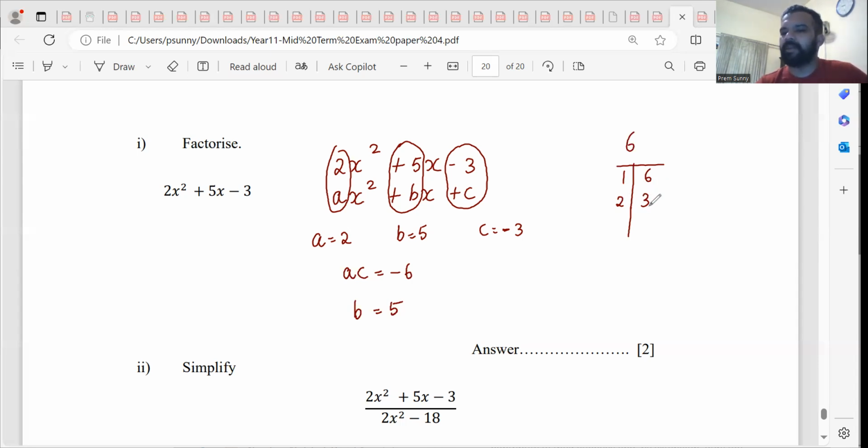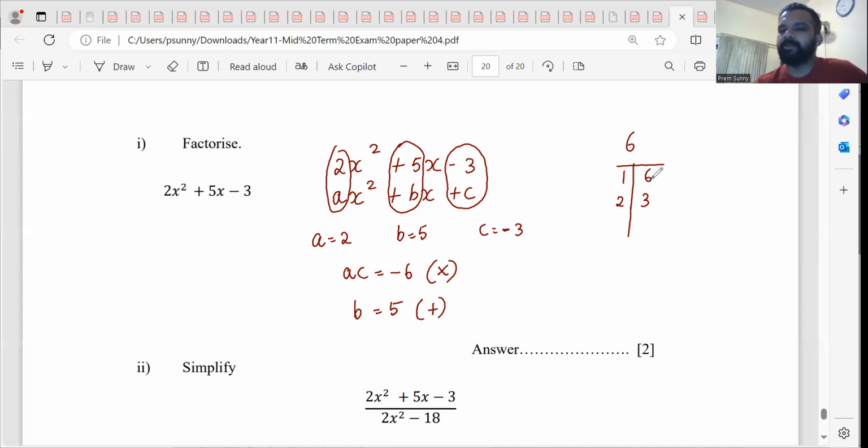We can make modifications in these pairs. We need to modify them in such a way that when I multiply that pair, I should get minus 6, and when I add that pair, I should get 5.